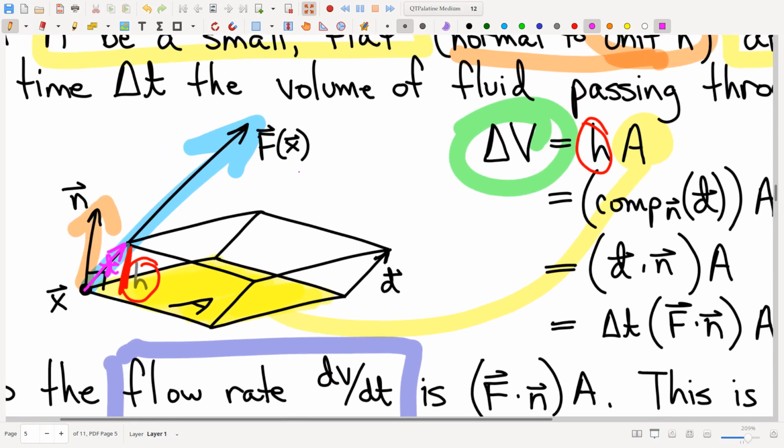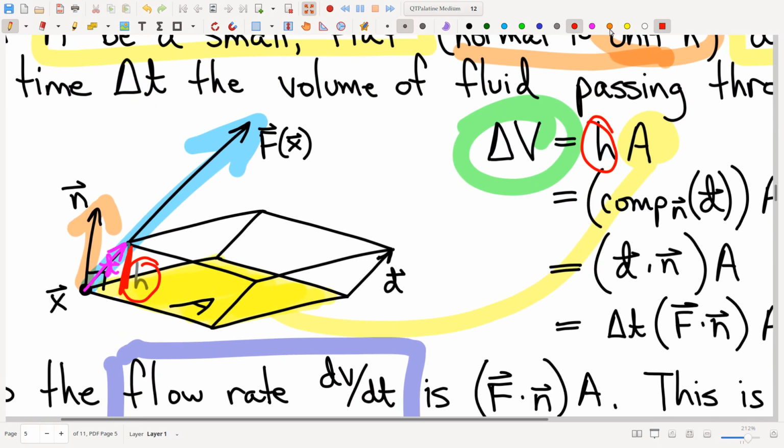And now that we've got our hands on the D vector, I make the observation that the height, this H that we're interested in, is literally the component of the purple D vector in the normal direction. It's the normal component of D. And now, good news, we have formulas for how to compute components. In particular, component is dot product with a unit vector, but N is a normal vector.